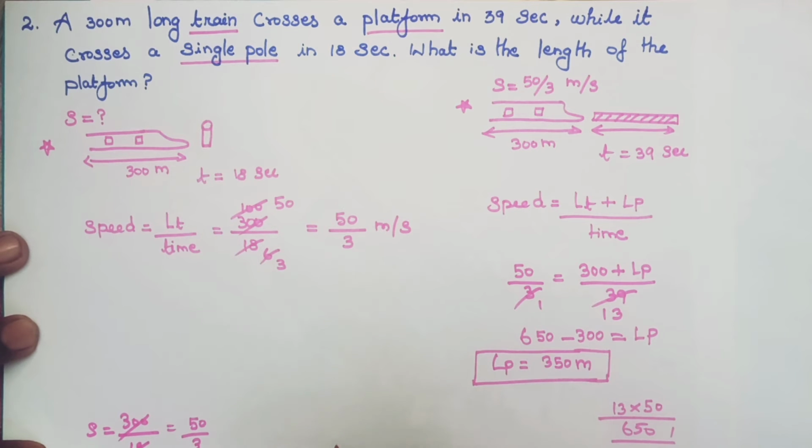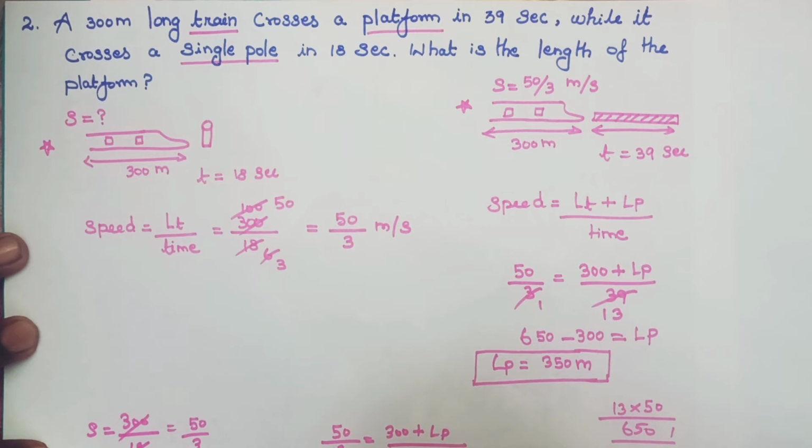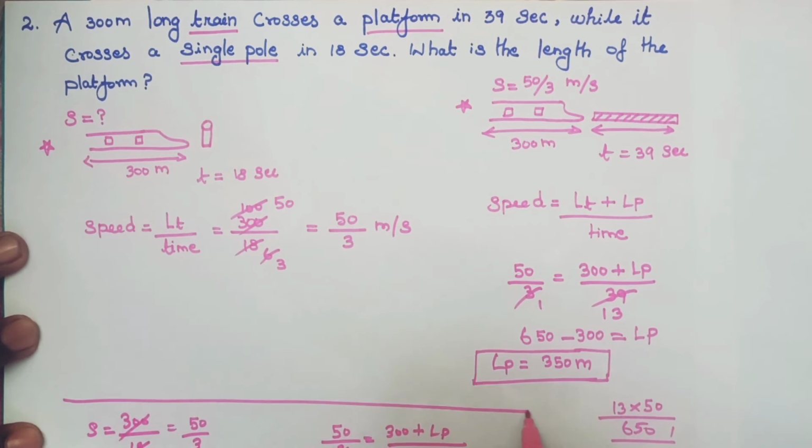Apply this into the line method: 50 by 3 equals length of the train 300 meter plus length of the platform, which we don't know, divided by 39 seconds to cross the platform. Simplifying, 650 minus 300 equals LP. Finally you will get 350 meter as your answer.